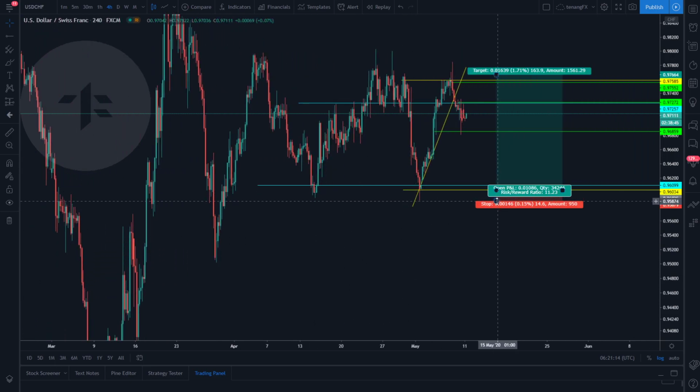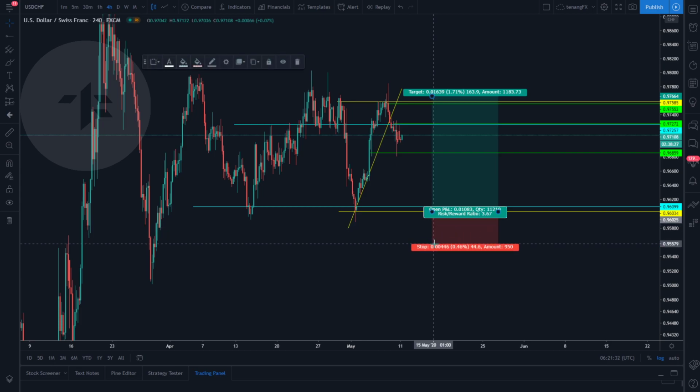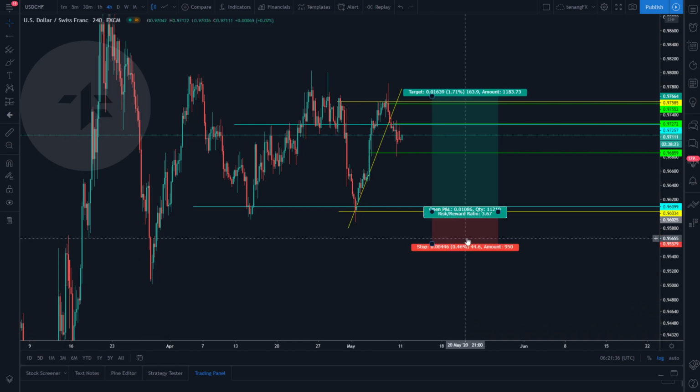If you want to be safe, for me 14.6 is too thin. If we already know this setup is going to work, we are targeting this long position due to the monthly bias, so at the least we can pull the SL up to here, which is around 40 to 50 pips.